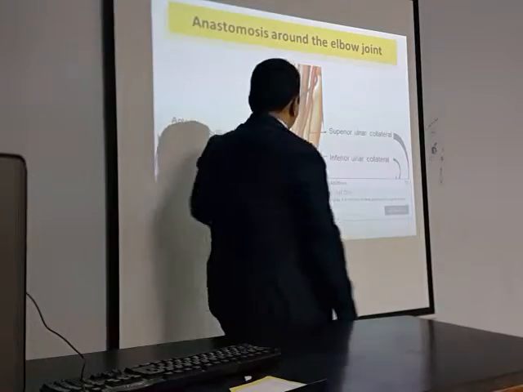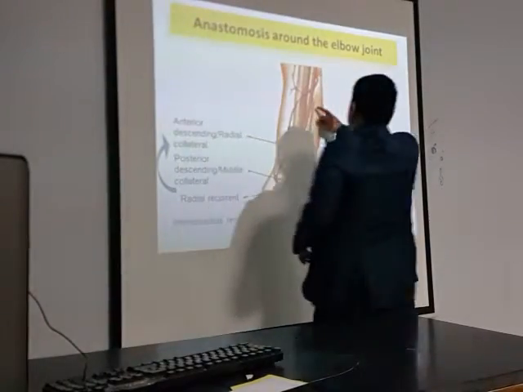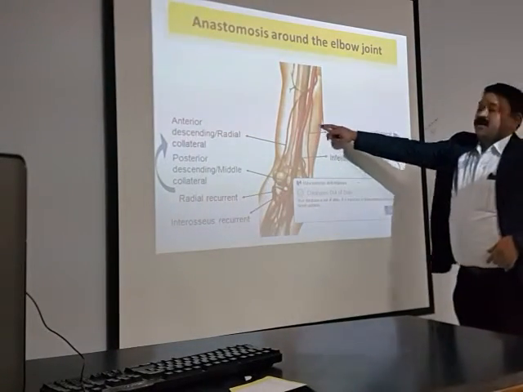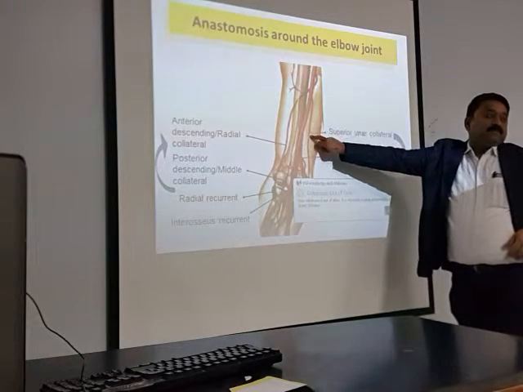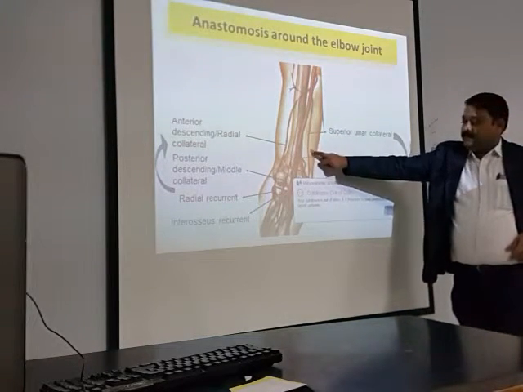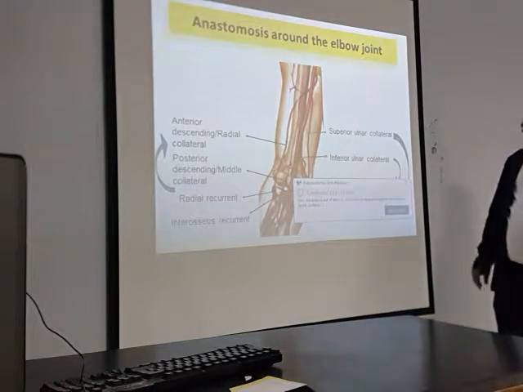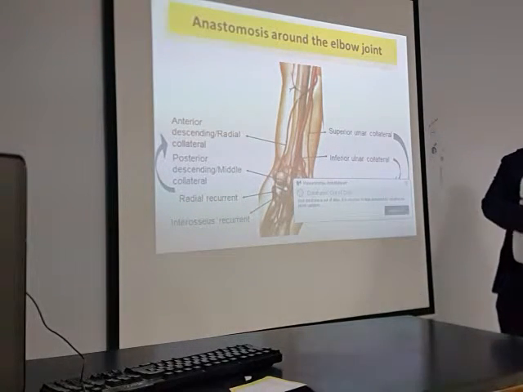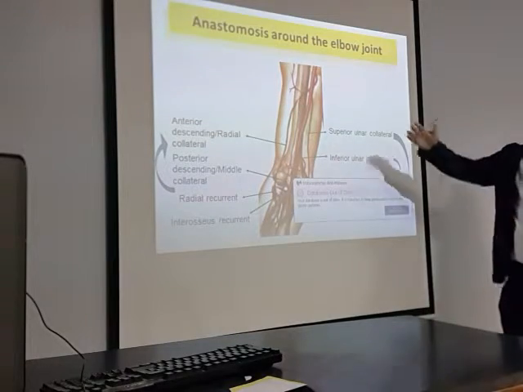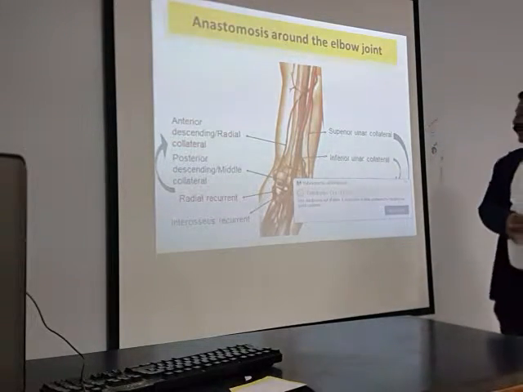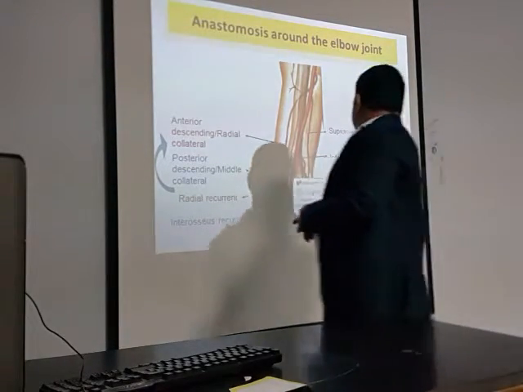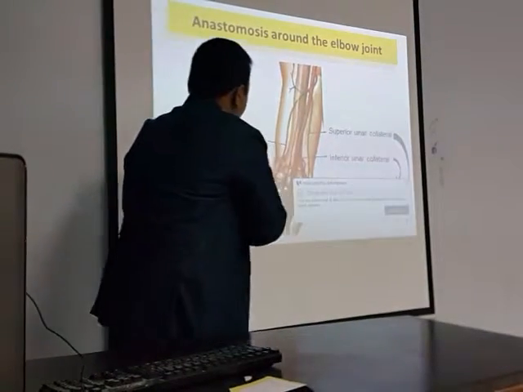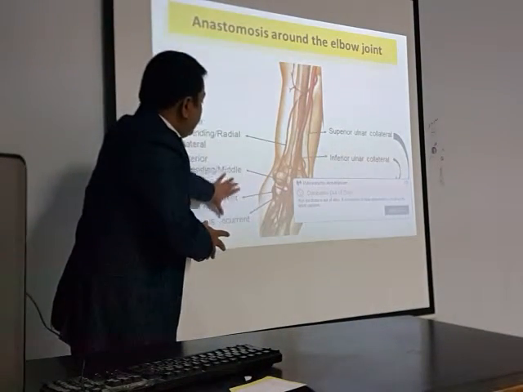Similarly, here on the ulnar side, the superior ulnar collateral is a branch from the brachial artery, isn't it? And it is anastomosed with the inferior ulnar collateral, isn't it? Anastomosis. Okay. So this is about the anastomosis around the elbow joint.